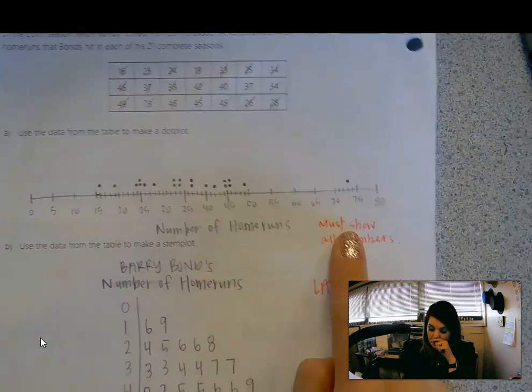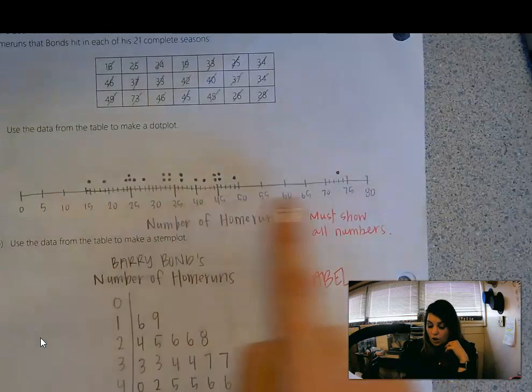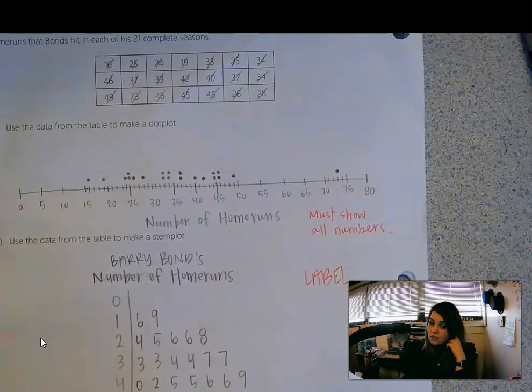And then lastly, on this problem, when you do a dot plot, you need to include all of the numbers on the scale. Some of you only put on the scale the numbers that you were plotting. That's lazy.